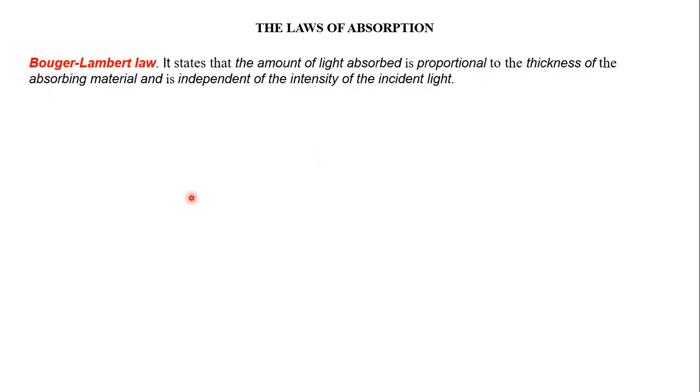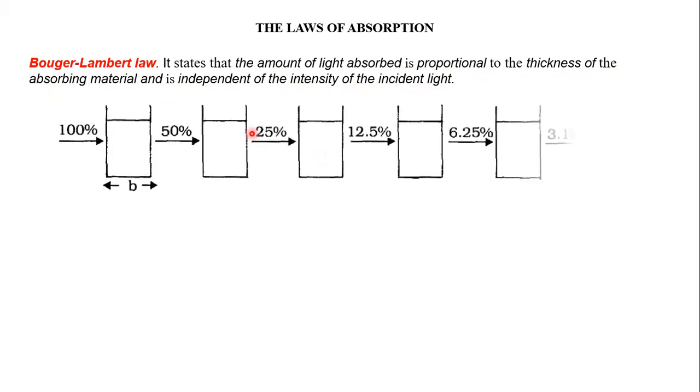Okay. So in short, take this example. Thickness means the entire path through which the light passes and interacts with whichever matter is present inside this particular path length.